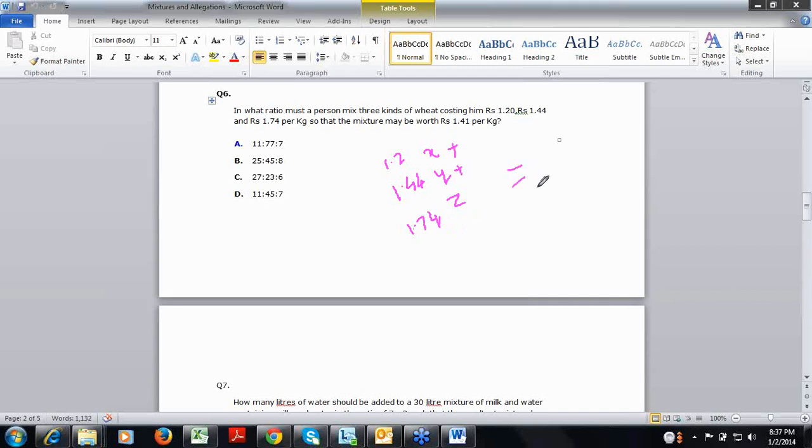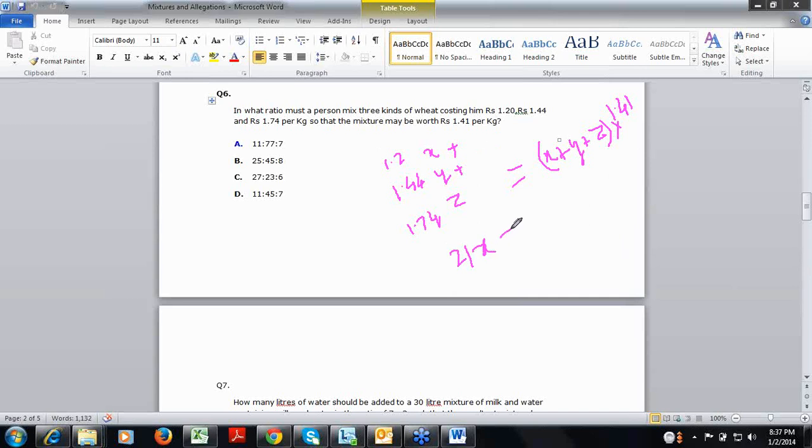This is equal to what? x plus y plus z whole into what? 1.41. So that is the cost price of total. Now solve this equation. So it will be what?